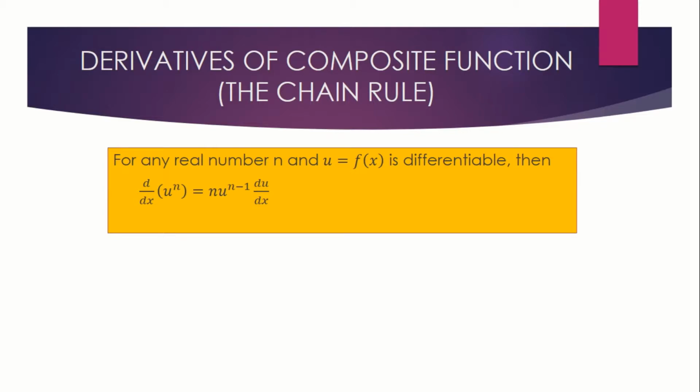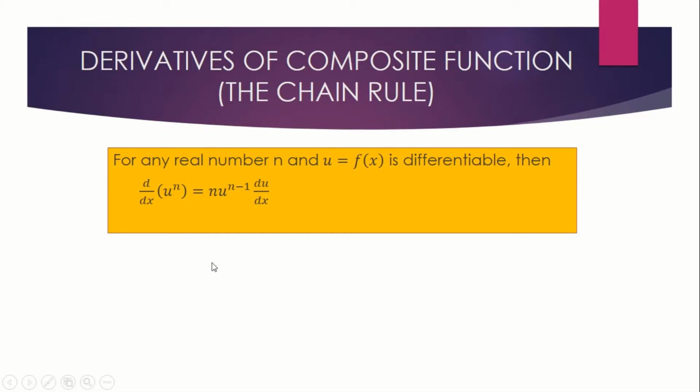Therefore, if we differentiate d per dx of u powers of n, we will get n u powers of n minus 1 du over dx. So it means that we need to know what is the u, and after that we need to find the du per dx and we substitute in here.